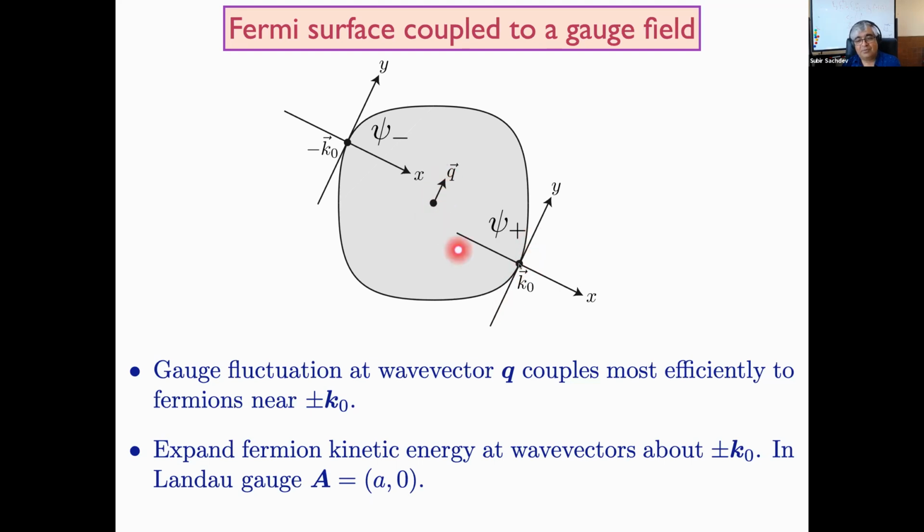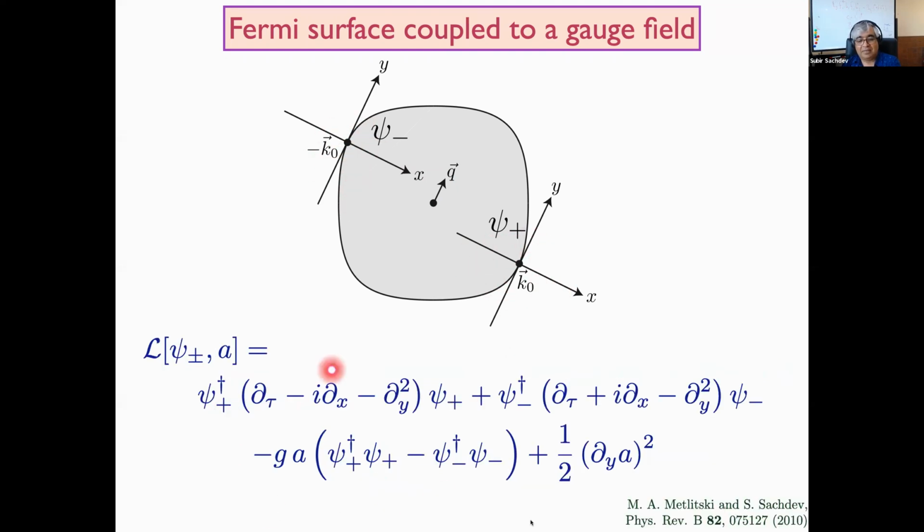So for this direction of Q, you need only focus on these 2 points where the tangent to the Fermi surface is parallel to Q. So you just focus on these 2 points and expand about K0 and minus K0. And then you get this low energy theory. It looks like some Gross-Neveu model. It's extremely simple, but it's not relativistic.